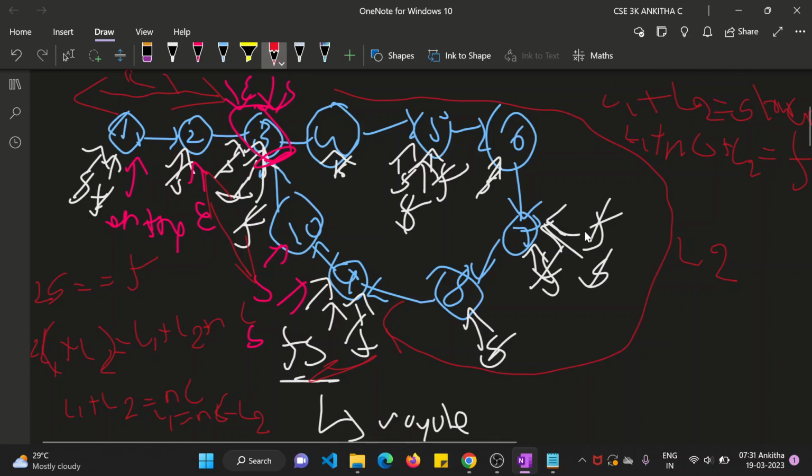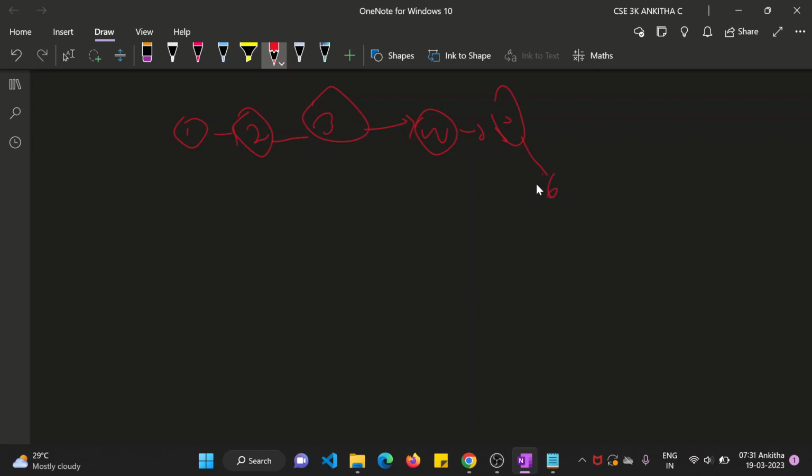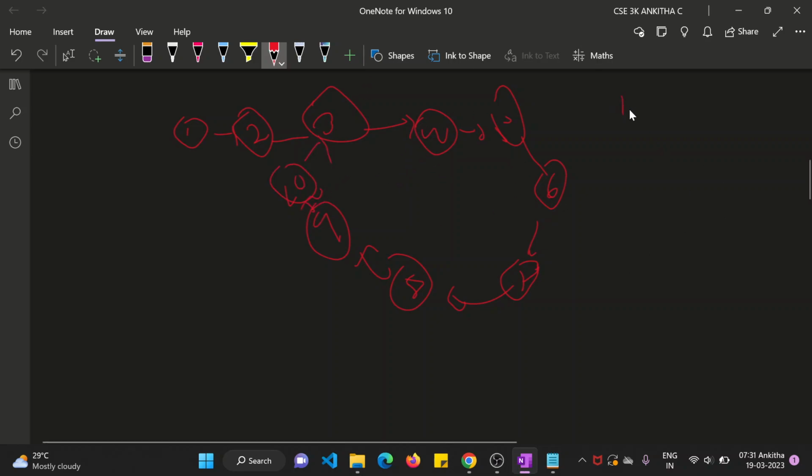So got the logic. So it's very simple. I shall explain because that diagram looks very messy. So whole cycle is one cycle, that is equal to L1 plus L2.